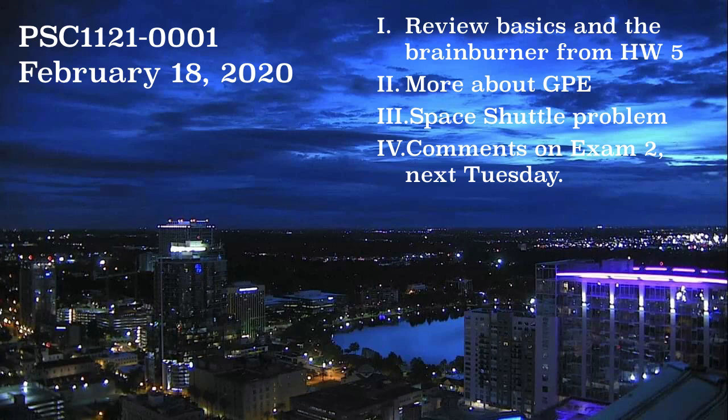And then we'll talk a little bit more about what gravitational potential energy is, how it's used, and we'll work out a deluxe problem from the space shuttle with rounded off numbers and simplified calculations that will hopefully make some sense to you by the end of class.